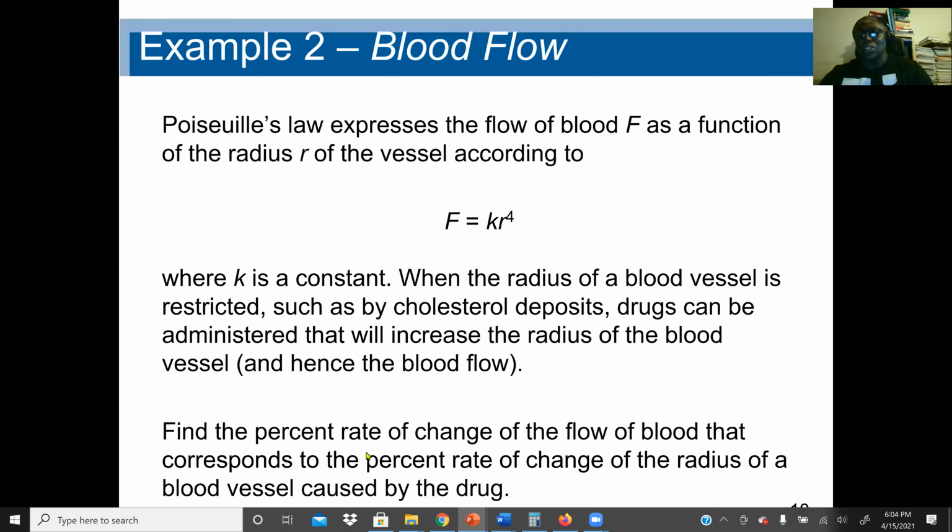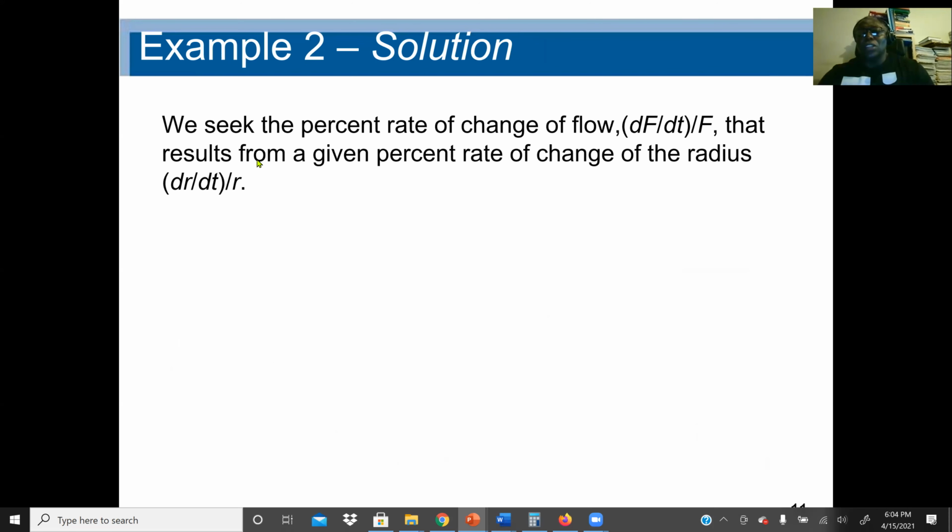Here we should find the percent rate of change of flow of blood that corresponds to the percent rate of change of the radius of a blood vessel caused by the drug. So we seek the percent rate of change of flow, that would be dF/dt divided by F, because it's a percentage. Previously, when we found dh/dt, if we divide dh/dt by h, that gives the percentage rate of the height of the tree growth per year.